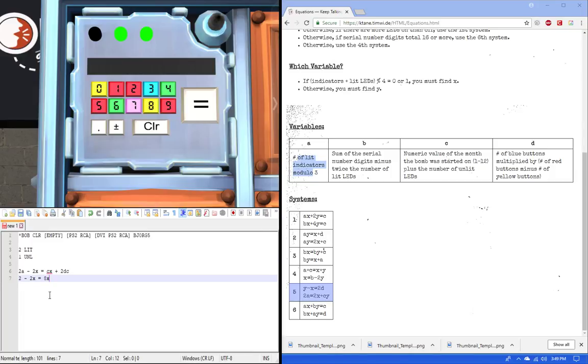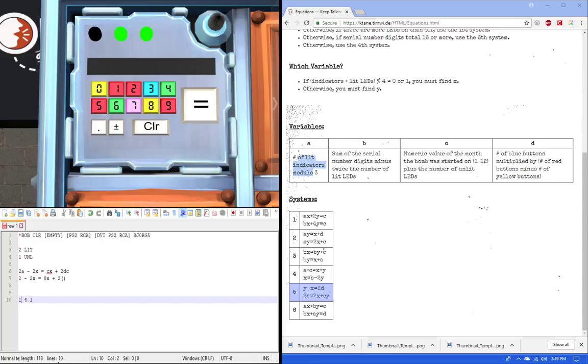So we have 8x plus 2 times D. D is the number of blue buttons multiplied by the number of red buttons minus number of yellow buttons. So as diffuser, I mean as expert, I can basically ask, okay, how many blue buttons? I say 1. How many red buttons? 4. And how many yellow buttons? 1. So I have number of red buttons minus number of yellow buttons.